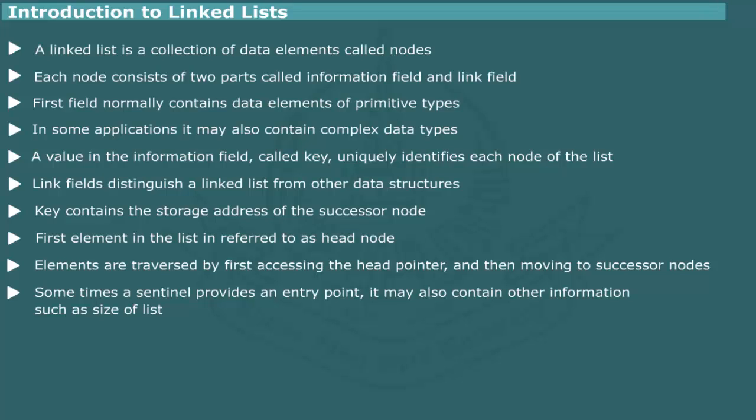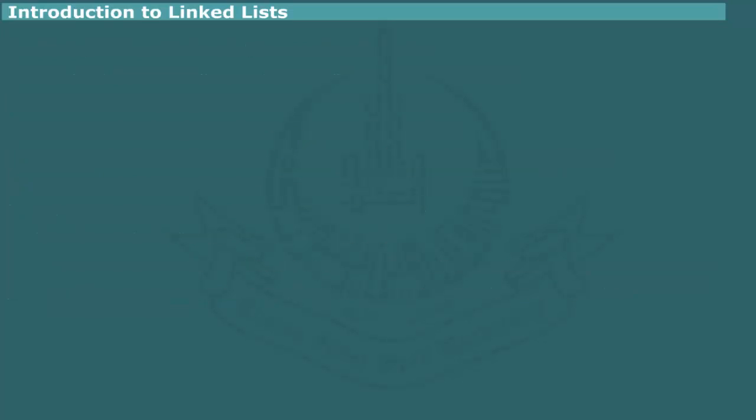It can also contain other useful information about the list, such as size of list, structure of a node, and so forth. If the list does not contain any data item, it is referred to as empty list. In an empty list, the head pointer is usually set to null value.